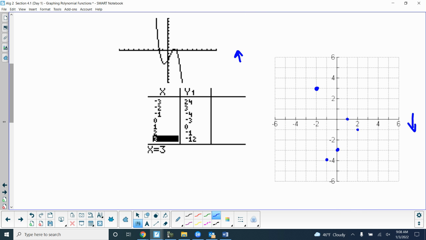Okay, so we kind of have an idea what it looks like here. Again, something like that. Okay, but you can use your calculator to do those. I'm not going to make you plug in like -2 to make a table. Your calculator will do that for you, okay?